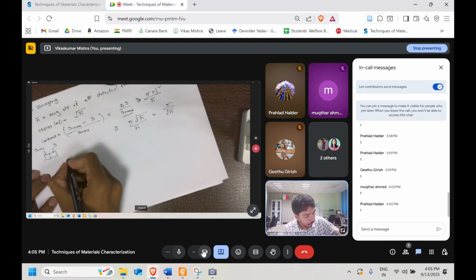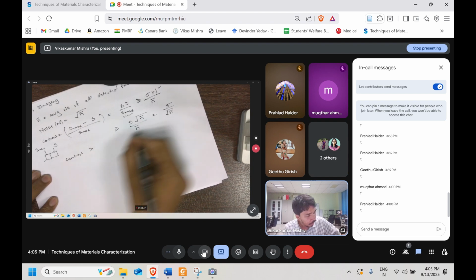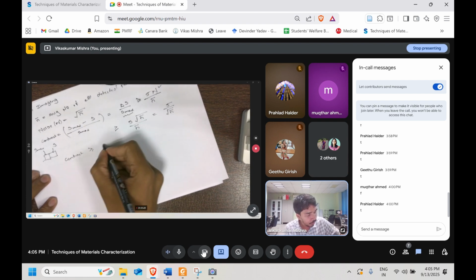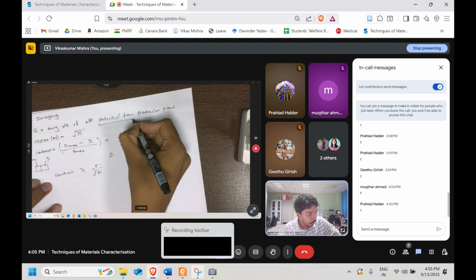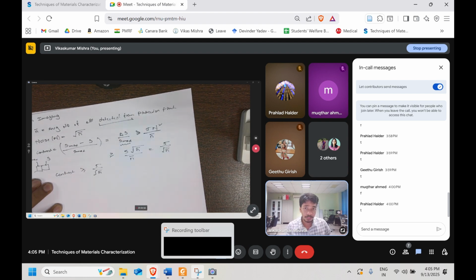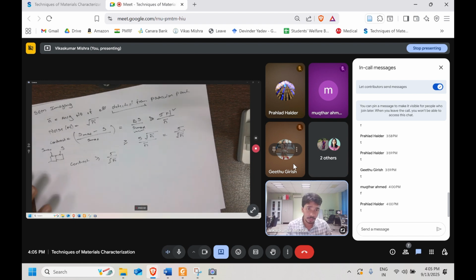So the contrast will be around 5 divided by root over n. This n bar is the number of electron detected. Again, note down that what we are talking about is the detected one. So 5 divided by root over n.